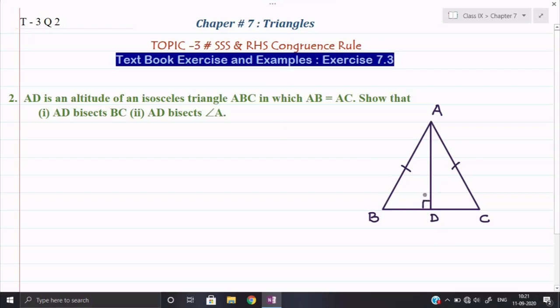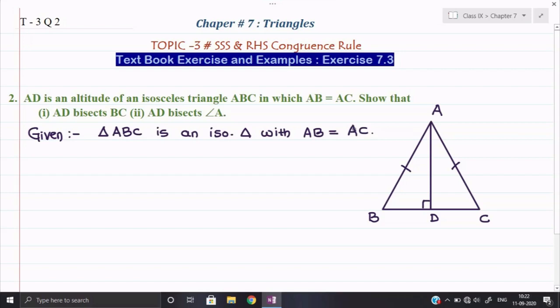Now what we need to prove? First of all, we shall write down the given things. We have given that triangle ABC is an isosceles triangle with AB equal to AC.